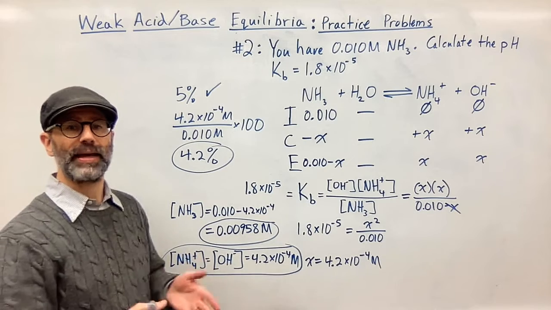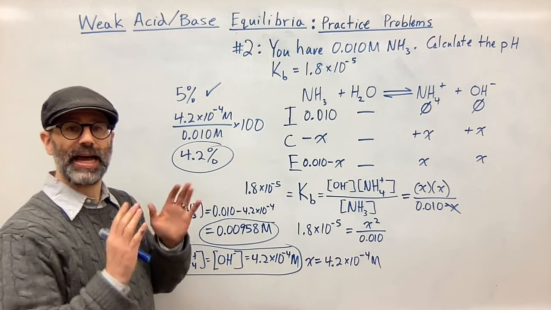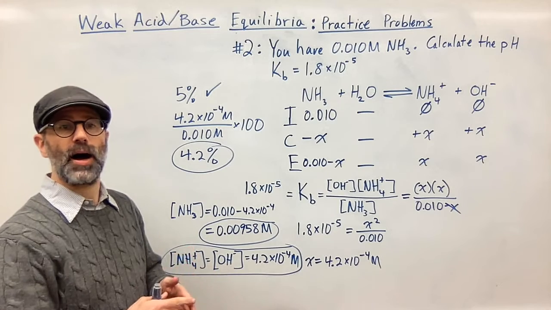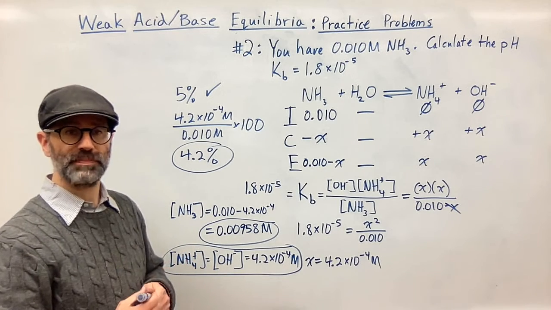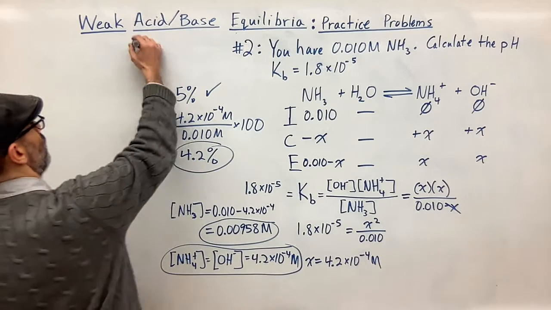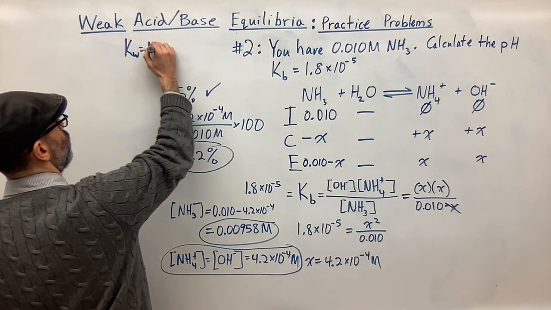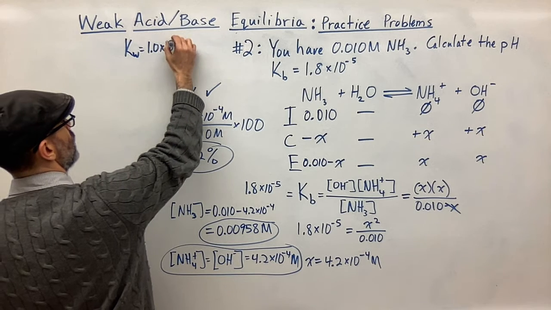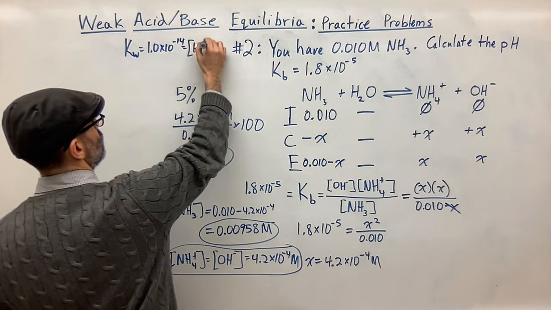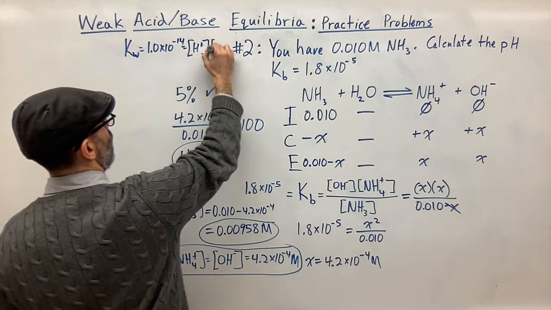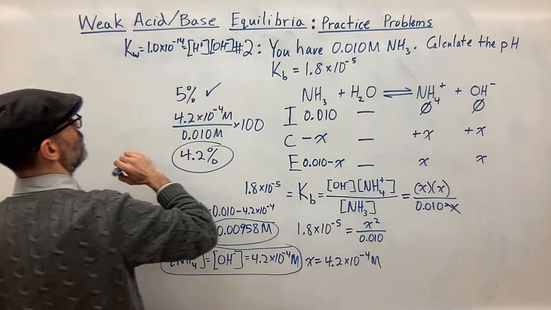We know that Kw, which is equal to 1.0 times 10 to the negative 14, is equal to the H plus concentration multiplied by the OH minus concentration.